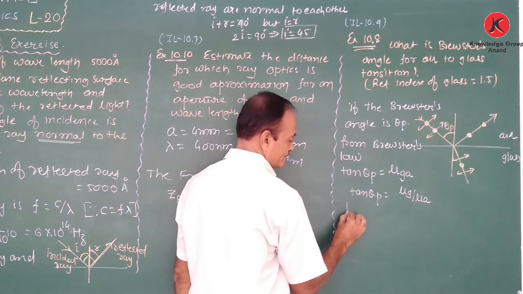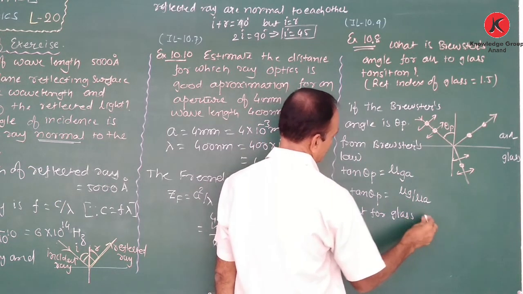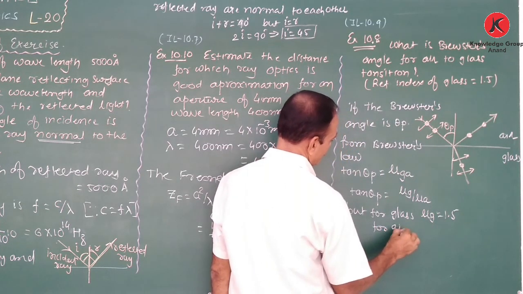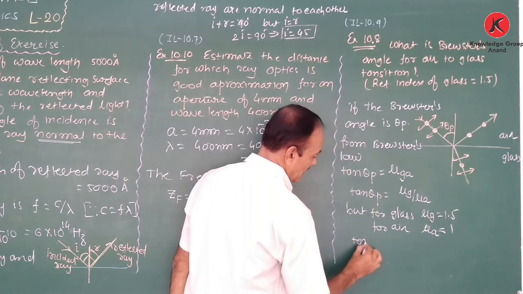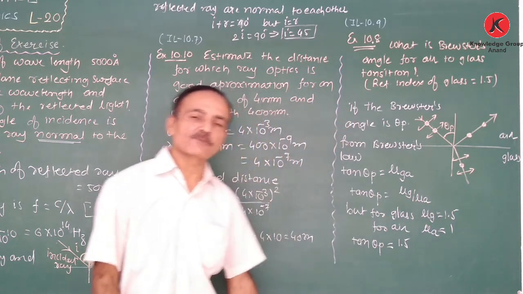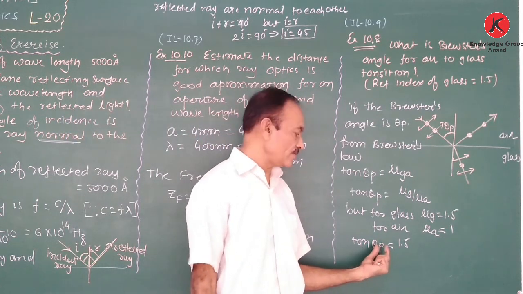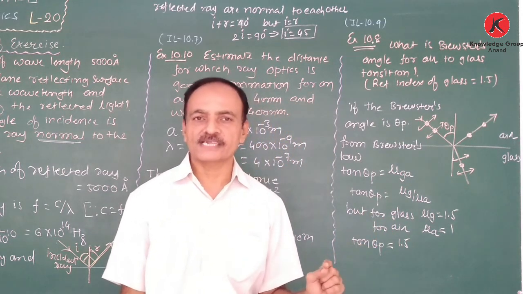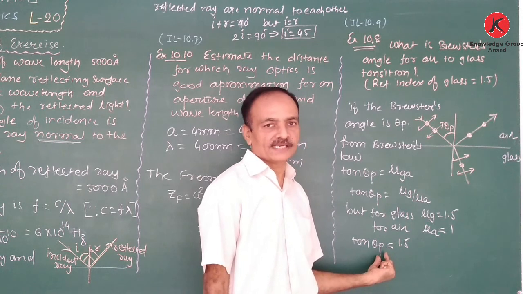For the glass medium, the effective index is given as mu g equal to 1.5. For the air medium, the effective index is 1. Therefore, tan theta p is equal to 1.5 upon 1, that means 1.5. Now, in the natural tangent log table, 1.5 is obtained for a 56.19 degree angle, that means 56 degree 19 minute.